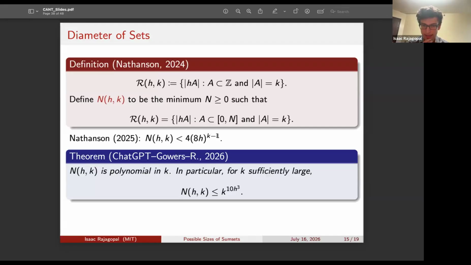And I gave a vague suggestion for how you could possibly improve this to polynomial in k, but I didn't see a path to doing this. But to my surprise, a few hours later, Tim Gowers comes back with a GPT proof that n of hk is polynomial in k. And once I saw this proof, I was immediately convinced.